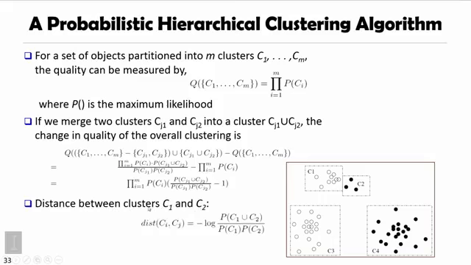Then the distance between clusters C1 and C2 is computed from the probability of C1 and C2 together as one cluster, versus these as independent clusters. If this distance is less than 0, we should merge these two clusters. That's the idea, or the essence, of the probabilistic hierarchical clustering algorithm.